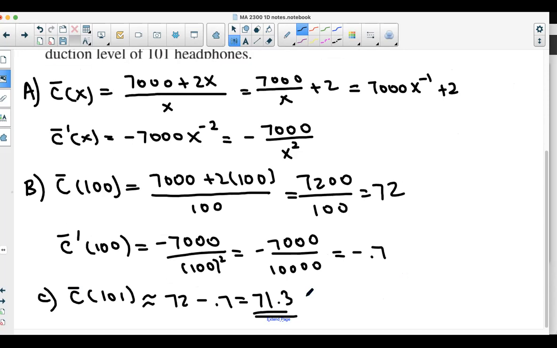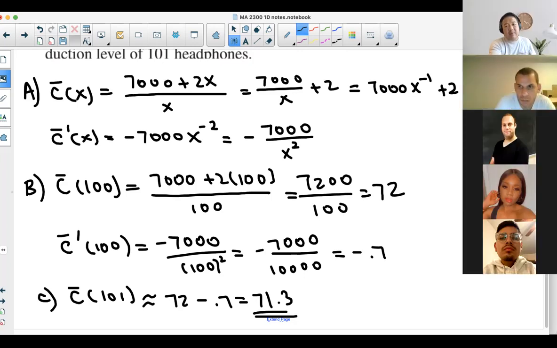So with this one, what we have done was we have gone over the application of increments and differentials. Essentially, that's what we have done. Remember yesterday, the increment can be compared to the what? Exact values of producing one more.